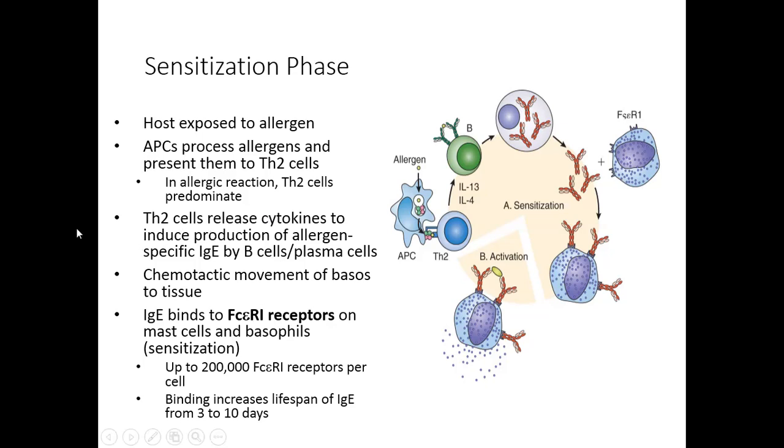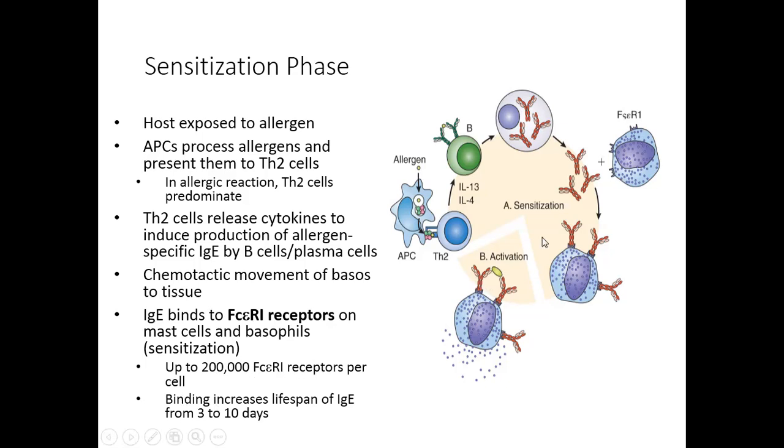It will bring more basophils to the tissue, and it's important to note that basophils and mast cells have a huge number of receptors on each cell, much more than anything else. And so they have up to 200,000 of those Fc epsilon R1 receptors.